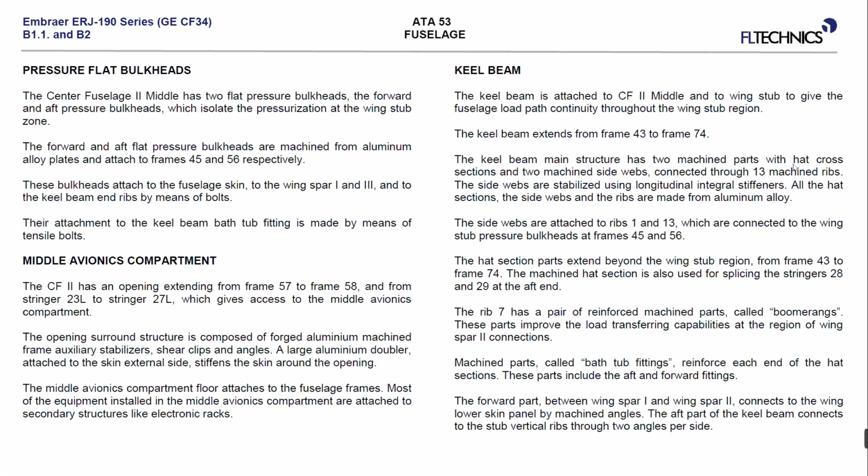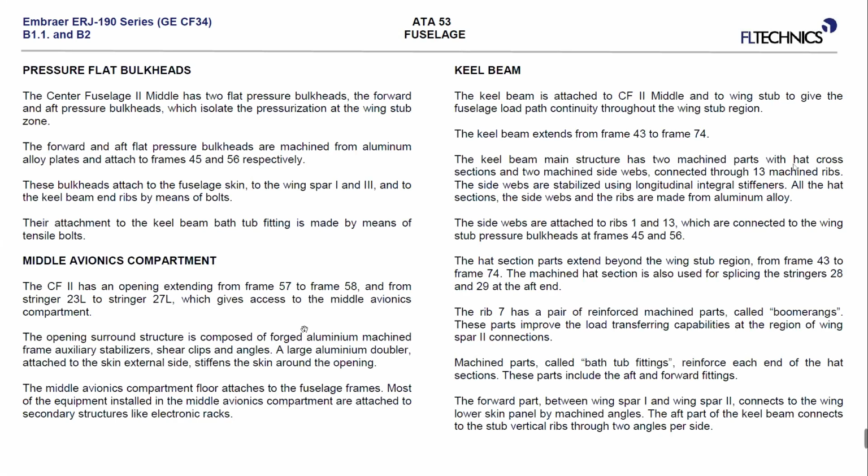Middle avionics compartment: we have an opening between frame 57 and 58 and between frames 23 and 27 left. So we can access the avionics compartment. Again, we have specifics there because the avionics access door will transmit pressure loads not to the skin but to the structure, and that's why the surrounding of the door opening is reinforced.